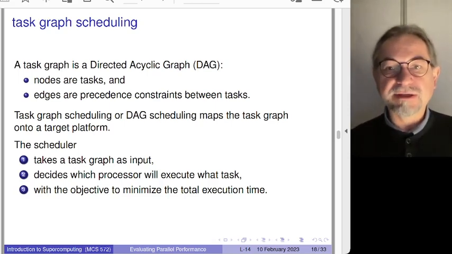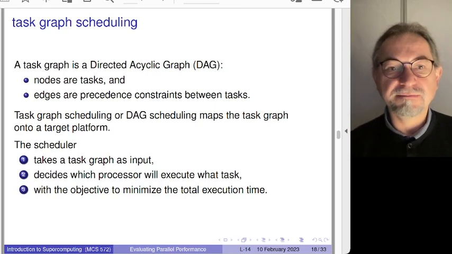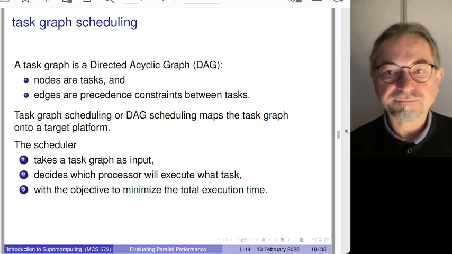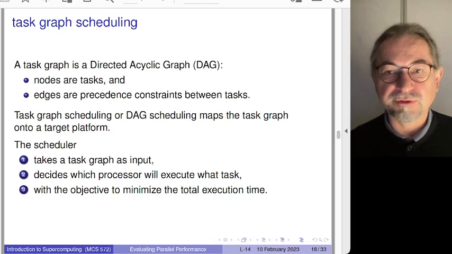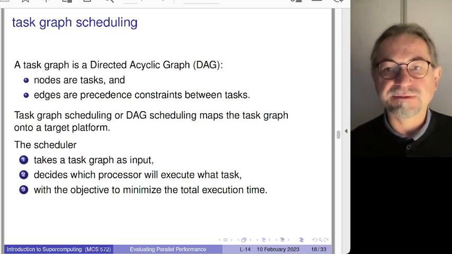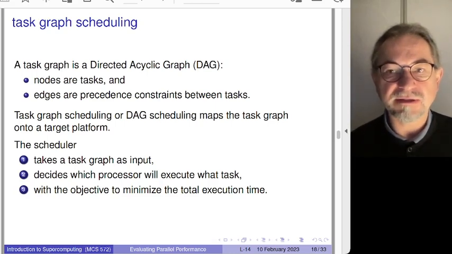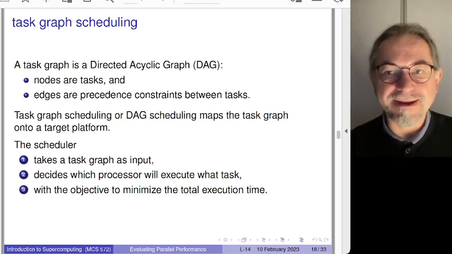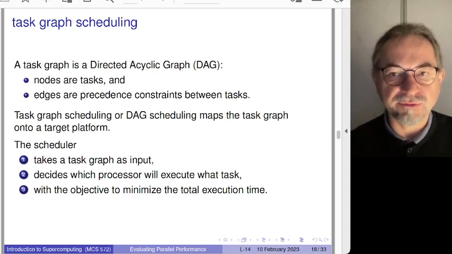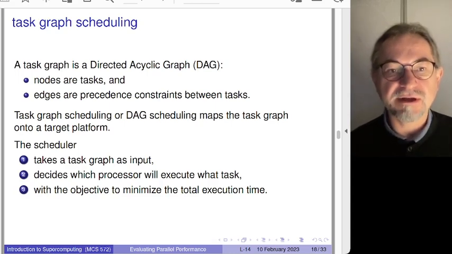Parallel algorithms can be defined by directed acyclic graphs. These are task graphs. In some sense, we introduced the concept already a little bit with the dependency analysis, with the Bernstein conditions, and with the depend clauses in OpenMP. In a way, I try to keep the lecture self-contained.